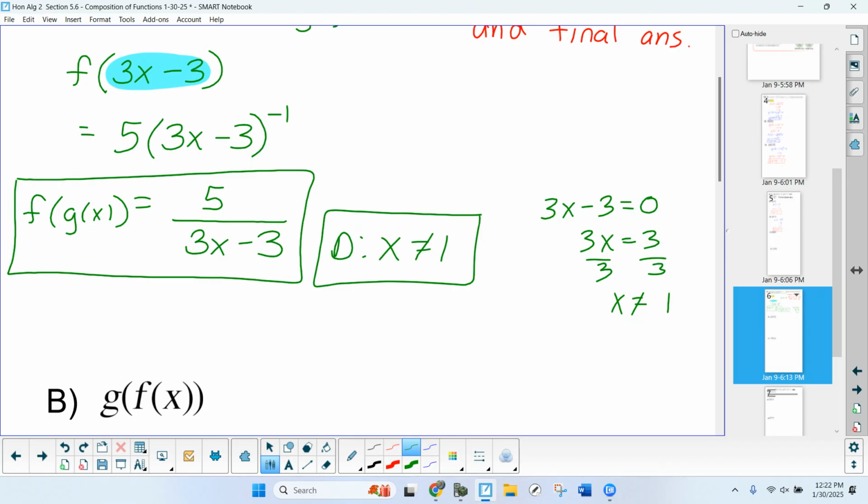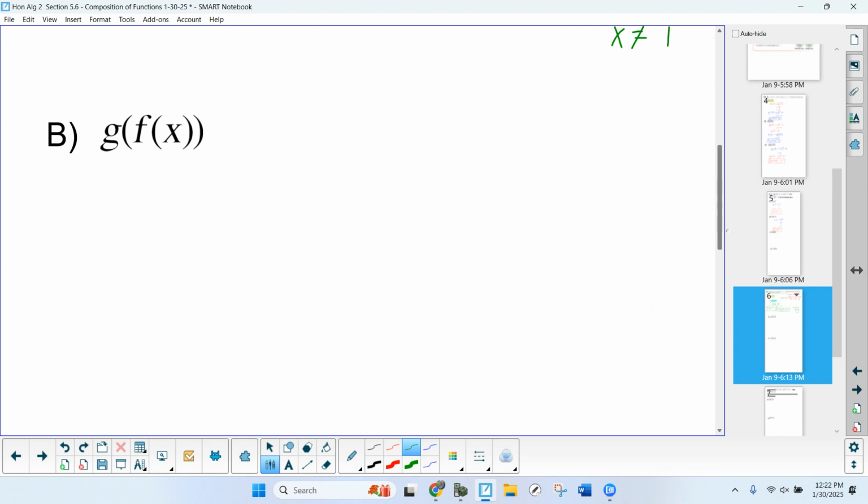Okay. Now that was f of g of x. Now we're going to find g of f of x. What was f of x? 5x to the -1. Now remember, we got to think about the domain of my input. What's the domain of my input? Think about the g domain.